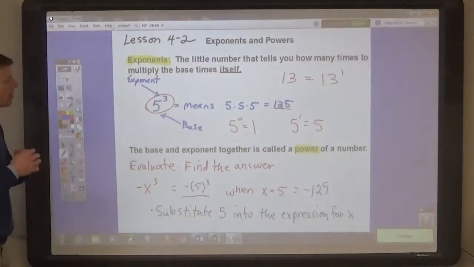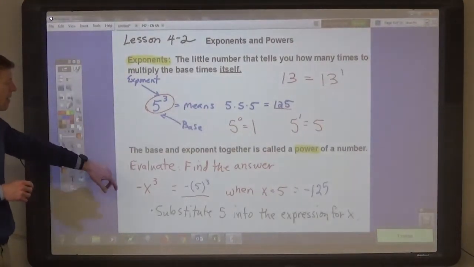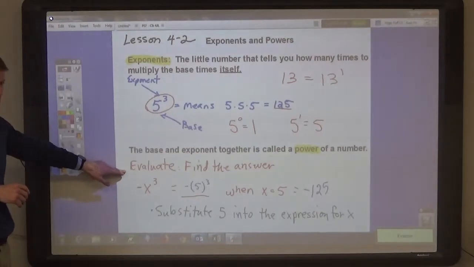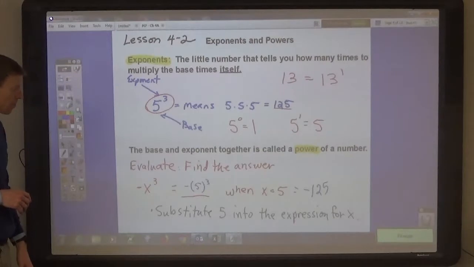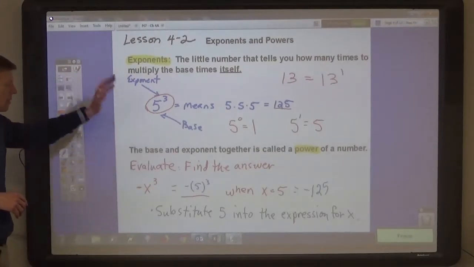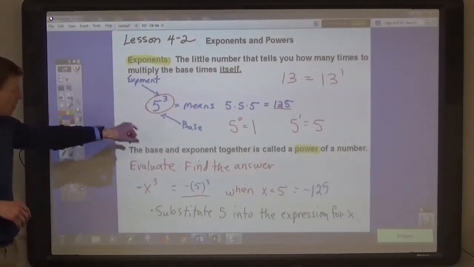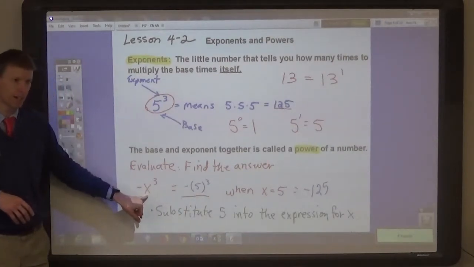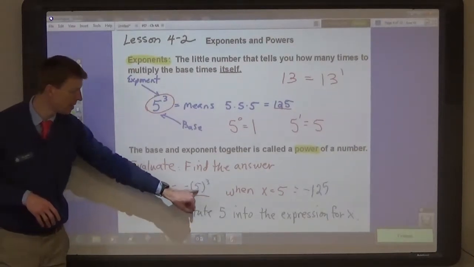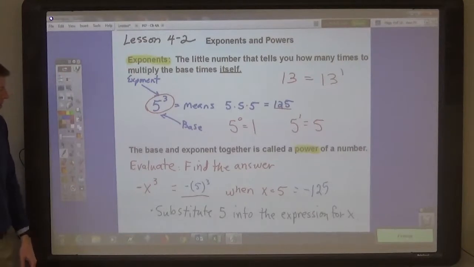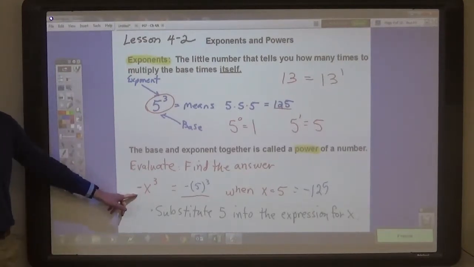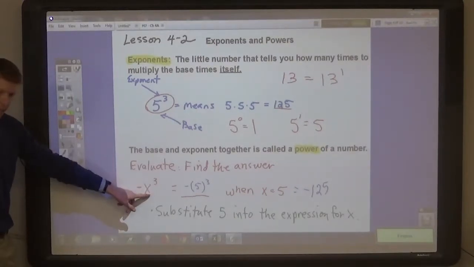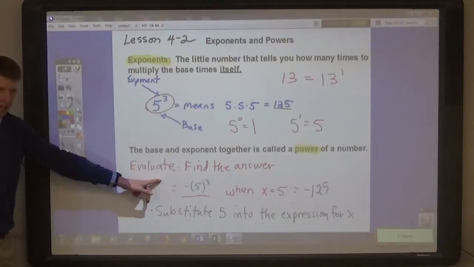Now, what you're going to be doing today is practicing evaluating expressions with powers, with exponents. And what you'll need to remember is that when you substitute a number in for a variable, you should always put it in parentheses. Sometimes you will have a situation where you have a negative sign, and then a letter, and then the power.